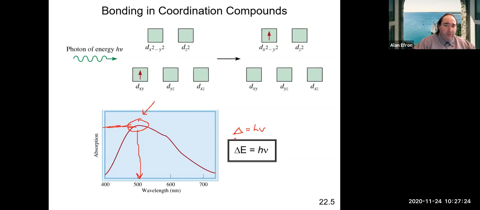By the way, when we see color in the visible part of the electromagnetic spectrum, where ROY G. BIV is where we see colors, what we actually see is the complementary color to what is being absorbed. So, for example, if our solution looks red, we don't set the wavelength to red's wavelength. We set it to its complementary color.